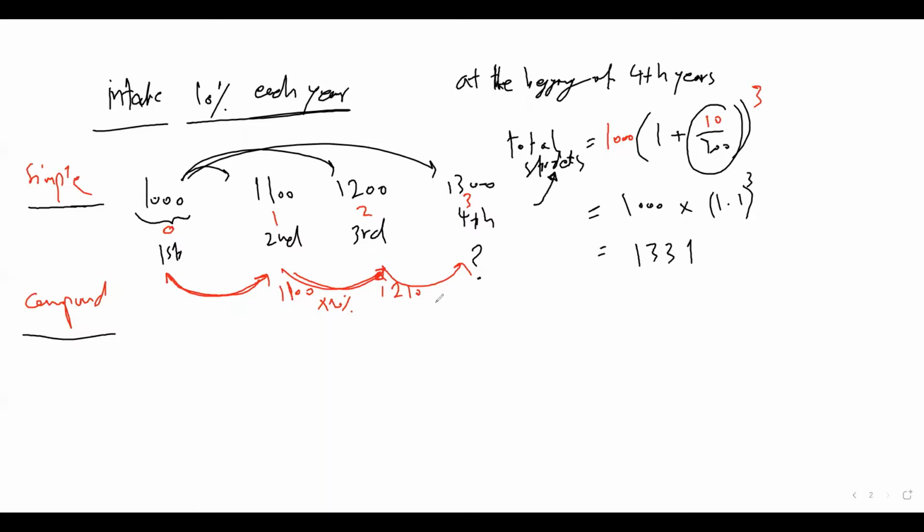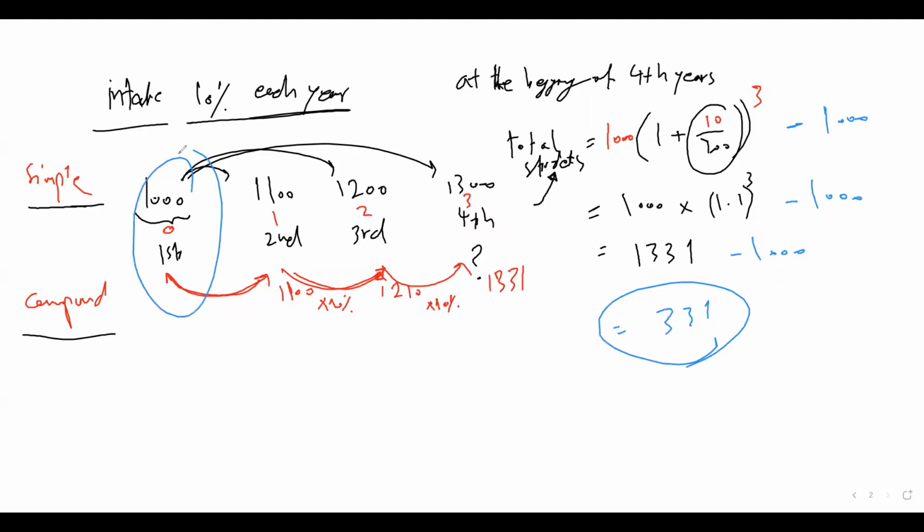Now, if they were interested in how many students are added compared to the first year, then you subtract the 1,000 again, and that gives you 331 students added compared to the first year, right? But that's not what they want. So you have to be careful when you exclude it or when you include it, okay?